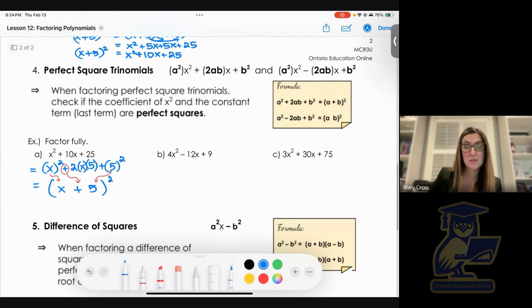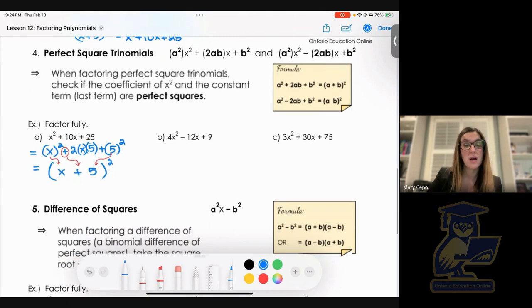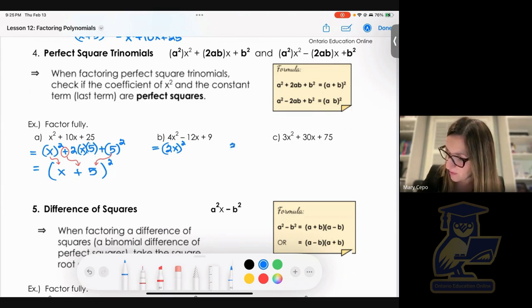Okay, so this is a special case, and we always want to look at whether the first term and the last term, so the coefficient in front of x squared should be a perfect square, and the constant should be a perfect square. The middle term should always be 2 times their roots. So let's break that down. Is the first term a perfect square? Yes, it is, because 2x times 2x would give me 4x squared. Is the last term a perfect square?